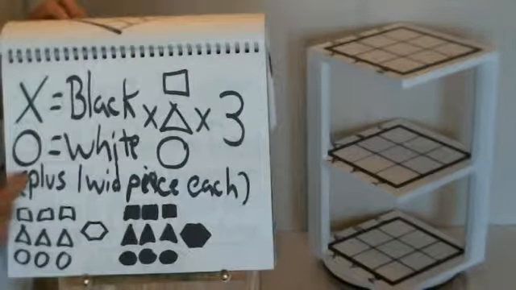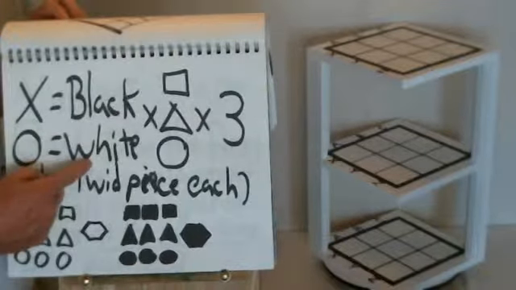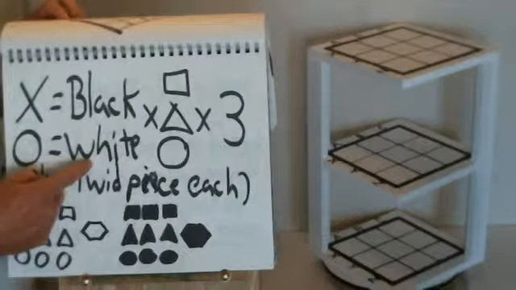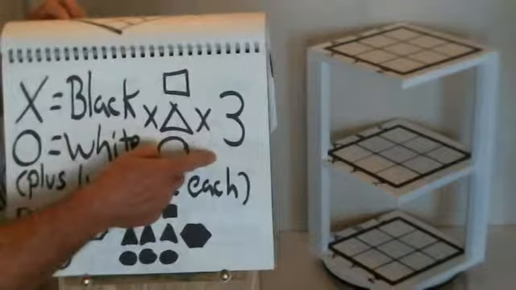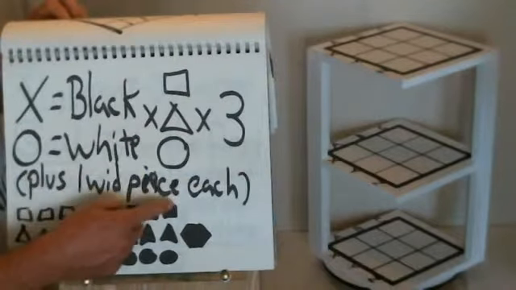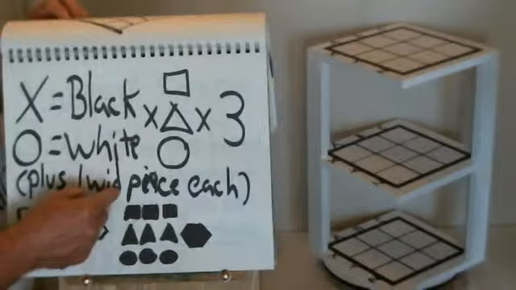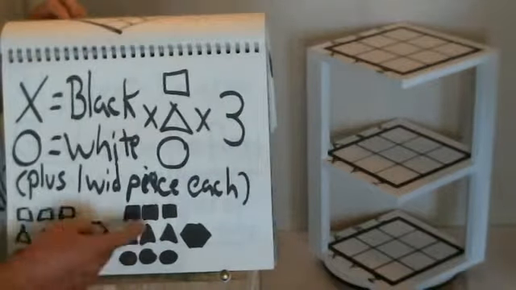We took O, assumed that that was white. Then we took the most basic geometric shapes that we could come up with, the square, the triangle, and the circle, and then we made 3 of each. Plus we added 1 wild piece to each. Basically what we came up with was a set of 10 for each black and white.